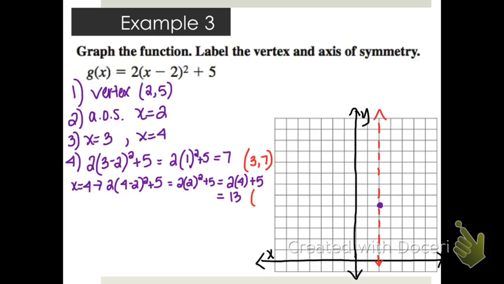So my coordinate point, I'm going to write that in red, is my x value was 4, and my y value 13.